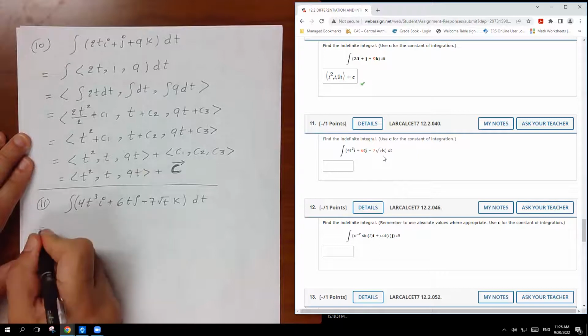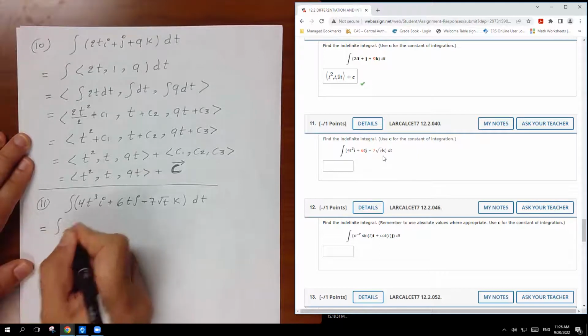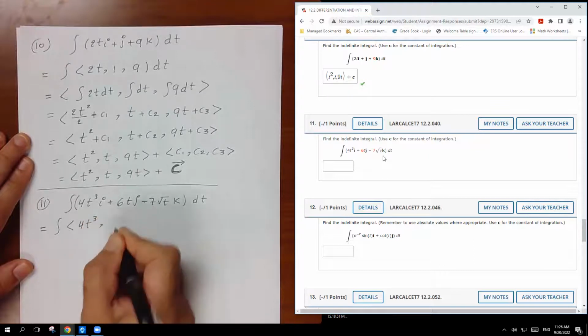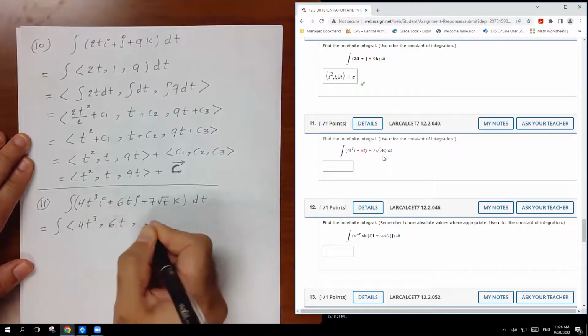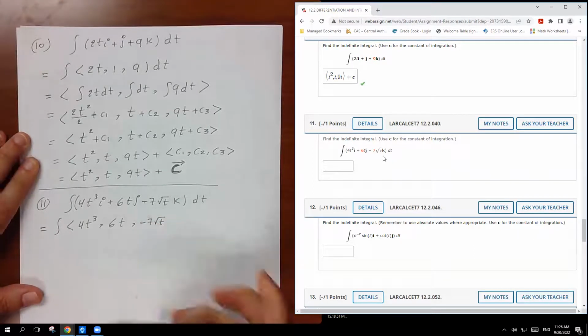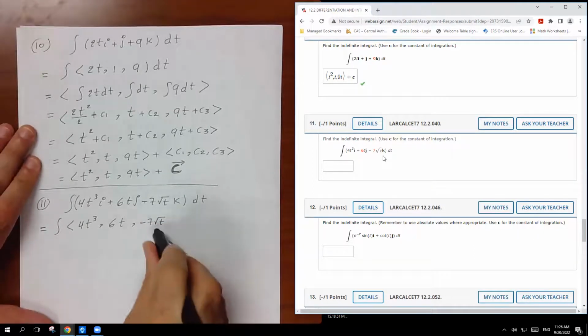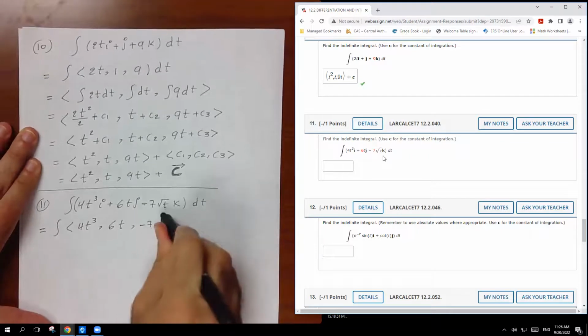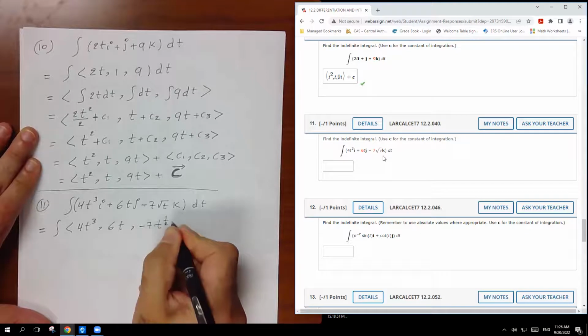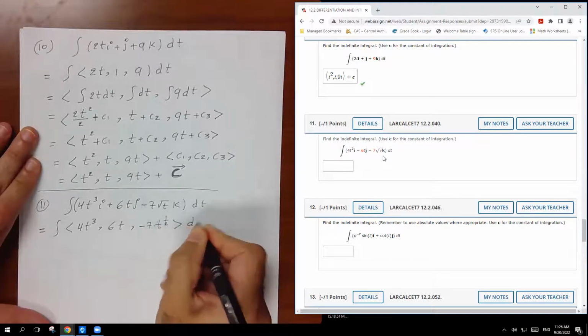So this one is going to be the integral of 4t cubed, and 6t, and the integral of negative 7 square root of t. You can convert the square root of t into t to the power half, with respect to t.